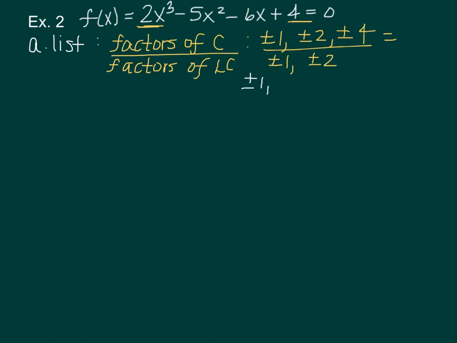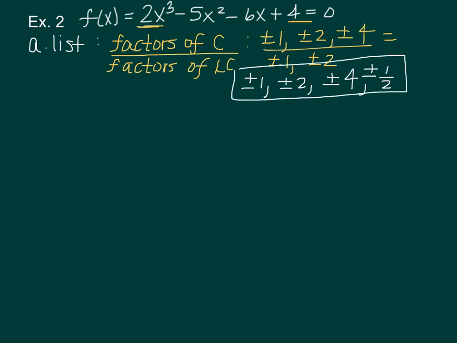So plus or minus 1, plus or minus 2, plus or minus 4. And then dividing everything by 2, 1 divided by 2 is 1/2. 2 divided by 2 we already have in our list. 4 divided by 2 is 2, which we already have in our list. So if you already have it, you don't have to repeat it.